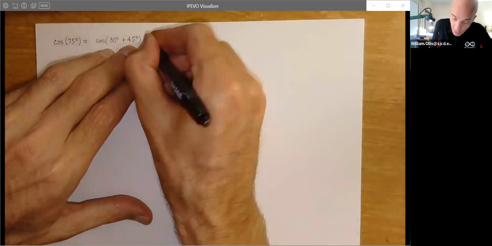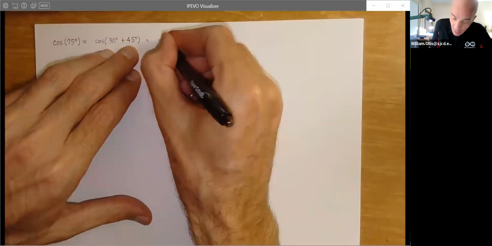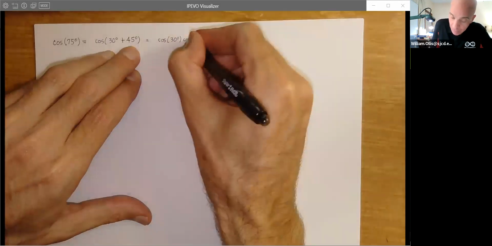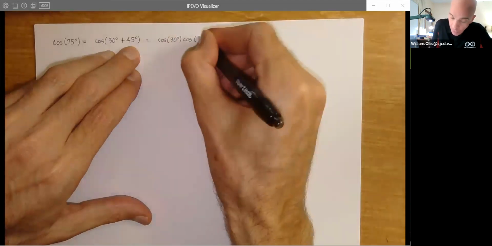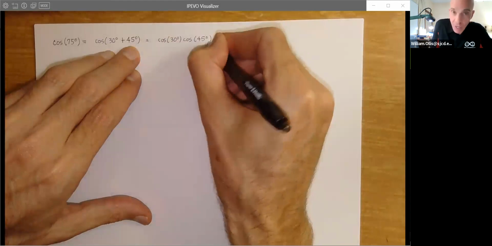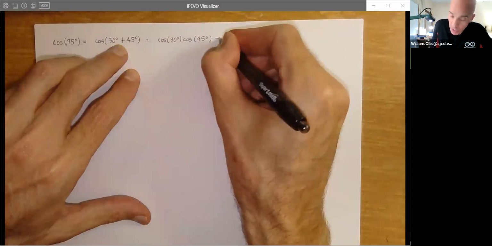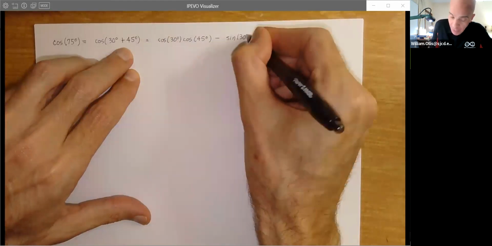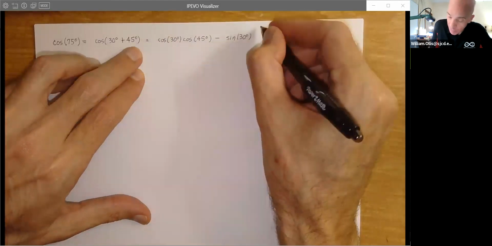So this will be cosine of 30 degrees, cosine 45 degrees. And then of course, now we have the sum, so we get the minus here. So we have sine of 30 degrees and sine of 45 degrees.